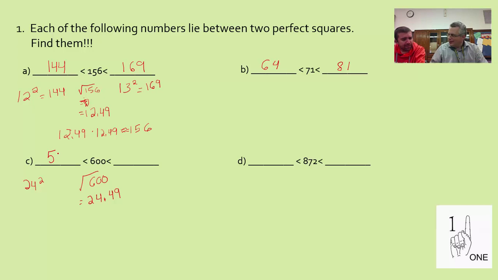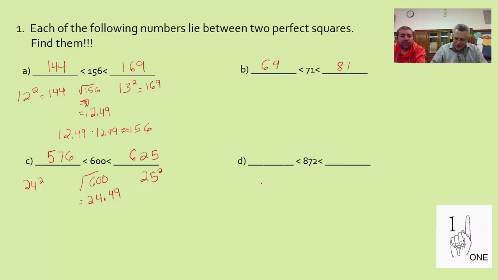Dang, it is. 25 squared is 625. So 24 squared is below, 25 squared is above, and 24.49 squared, which is 600, is right in the middle.